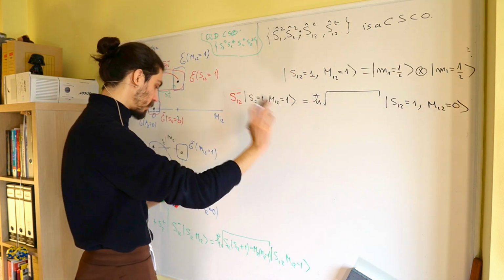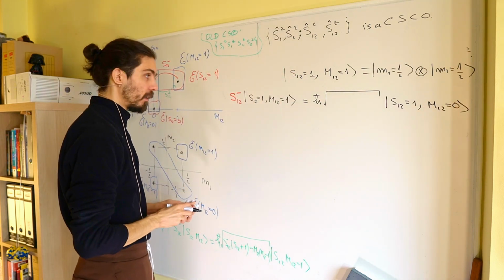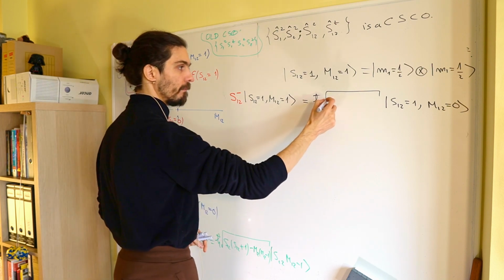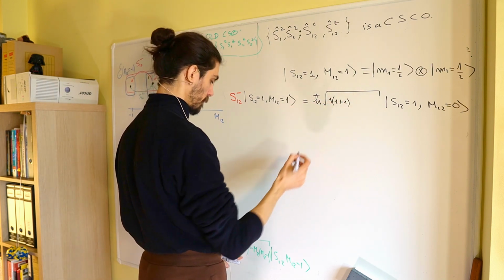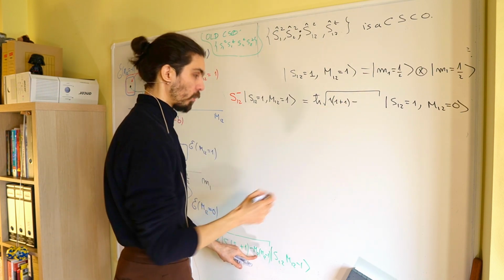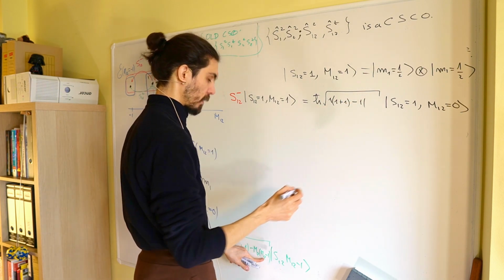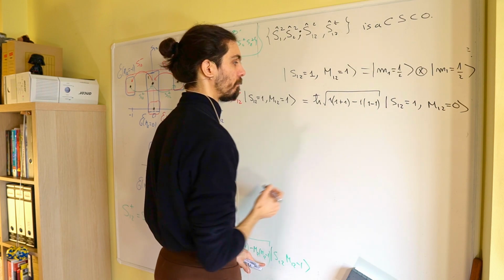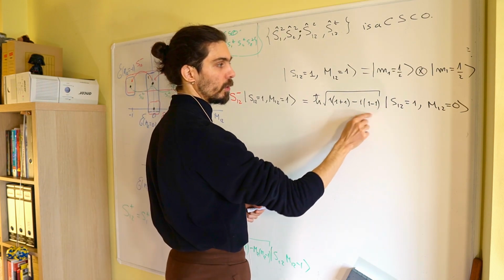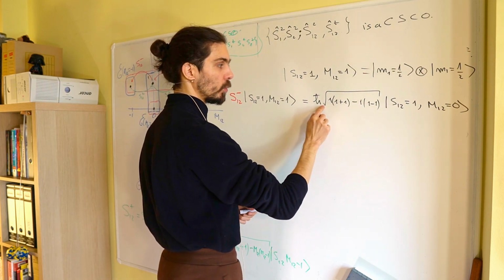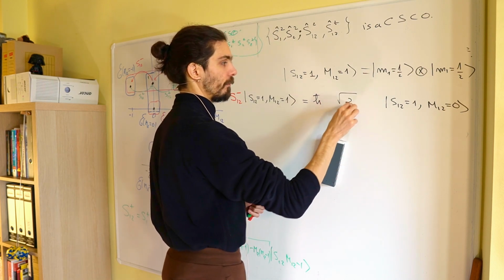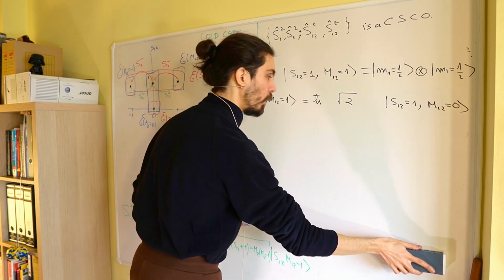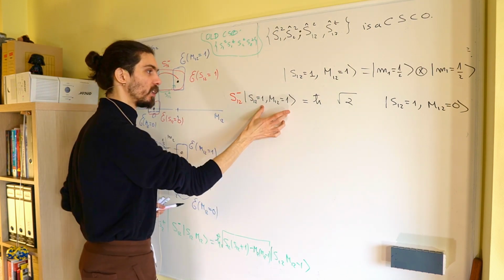Now let's compute this complicated number: 1 times 1 plus 1, minus 1 times 1 minus 1. This is going to be 0 and this is going to be 2, so this is the square root of 2.